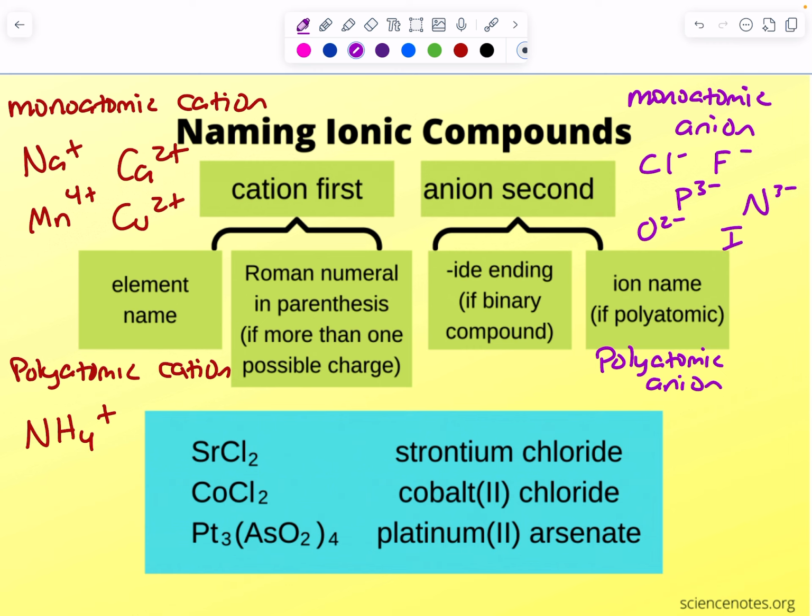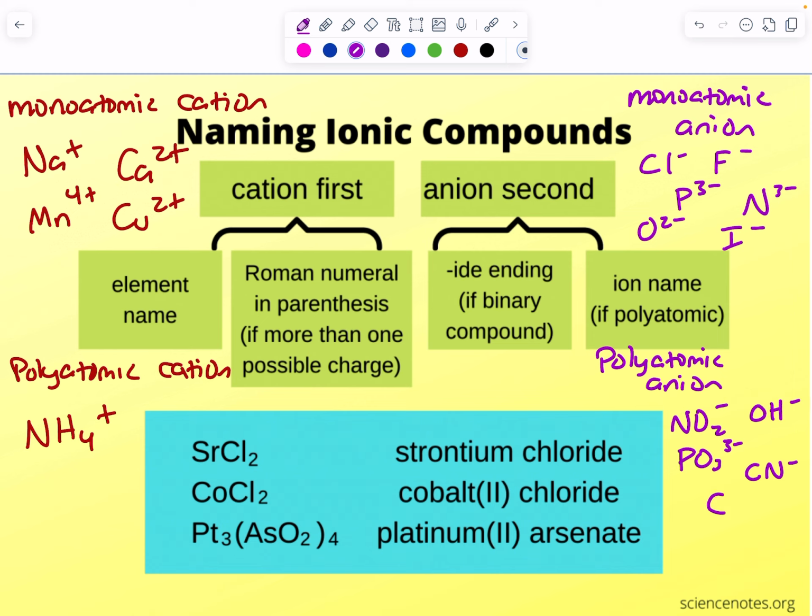All of these are examples of monoatomic anions. Mono means one. One element, and they're negatively charged. Polyatomic, I have multiple atoms, such as this one, and they have a negative charge. This is nitrate, this is phosphate. This is cyanide. This is hydroxide.